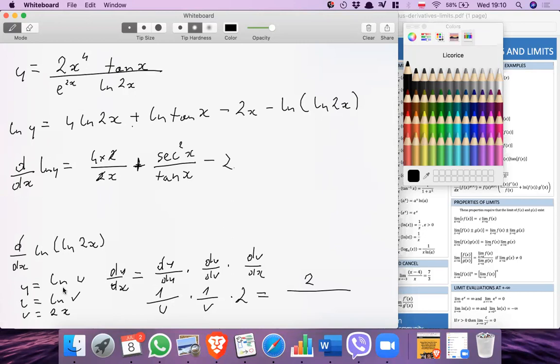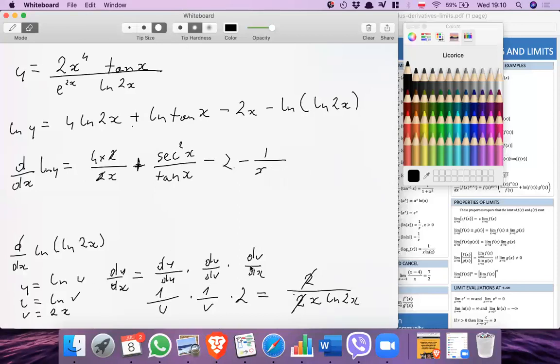So my function u is equal to ln of v, so 2 multiplied by 1 over v, 2x ln 2x. So function v is 2x and function u is natural log of 2x, and that will cancel. So we're ending up with minus 1 over x ln of x. So that's that done then.